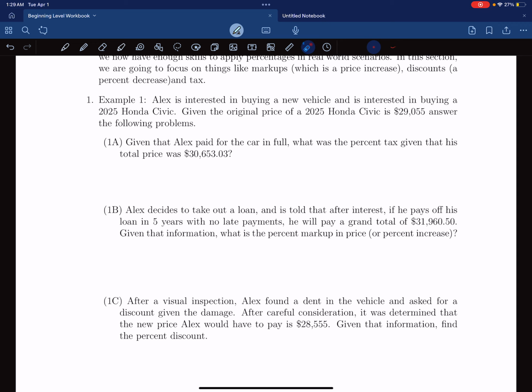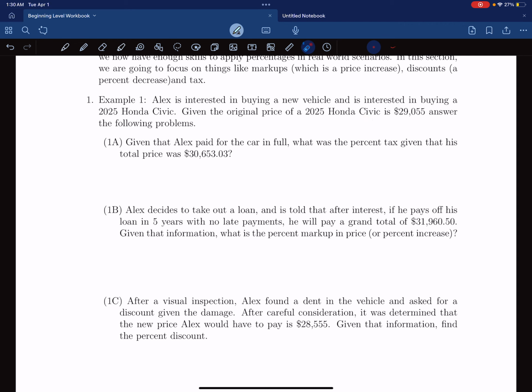With that being said, example 1. Alex is interested in buying a new vehicle, a 2025 Honda Civic. Given the original price of a 2025 Honda Civic is $29,555, answer the following problems.